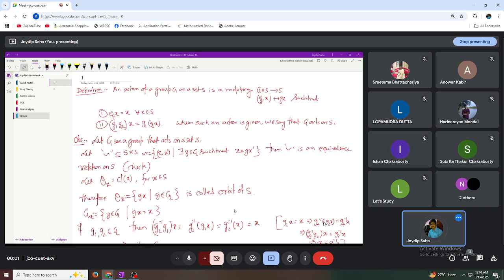Okay, and some problems also. In Sylow theorem there are plenty of problems. No one has any question.